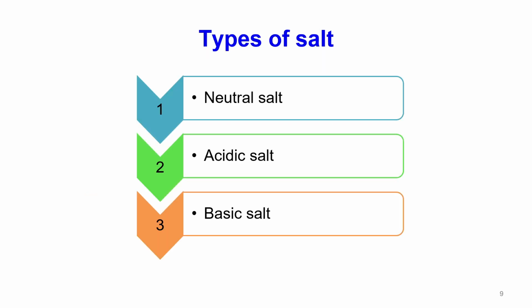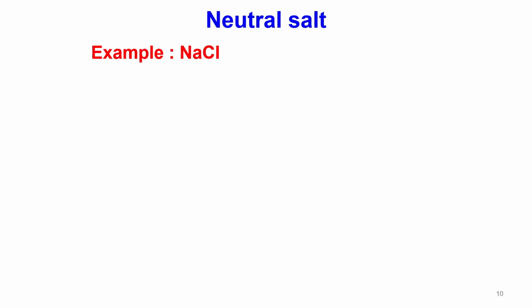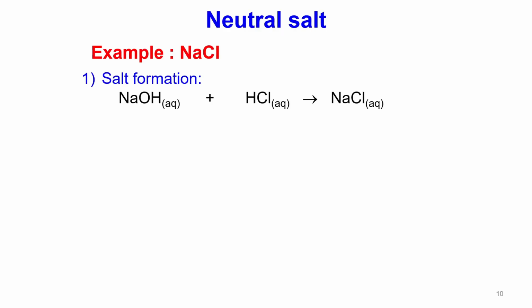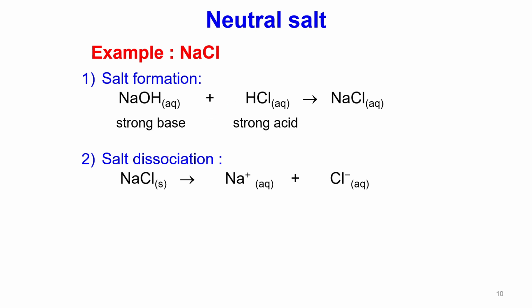So type of salt. Kita akan tengok jenis-jenis salt, it is either neutral, acidic ataupun basic. Kalau dia neutral salt, the example is NaCl. NaCl will produce from the reaction between strong acid and strong base. NaOH is a strong base, HCl is strong acid. So the salt dissociation will produce Na plus and Cl minus.